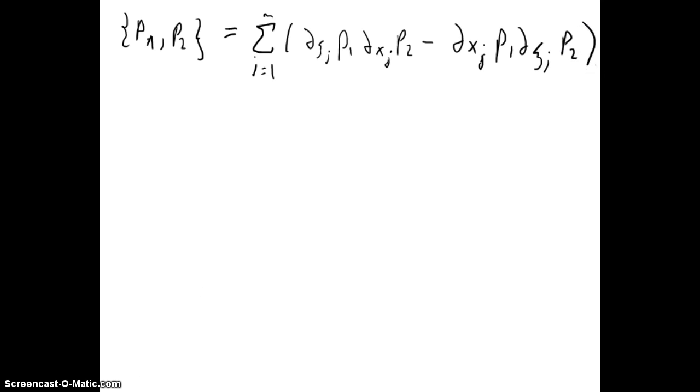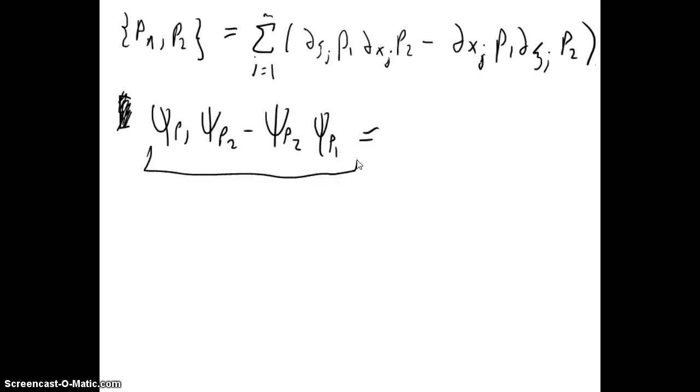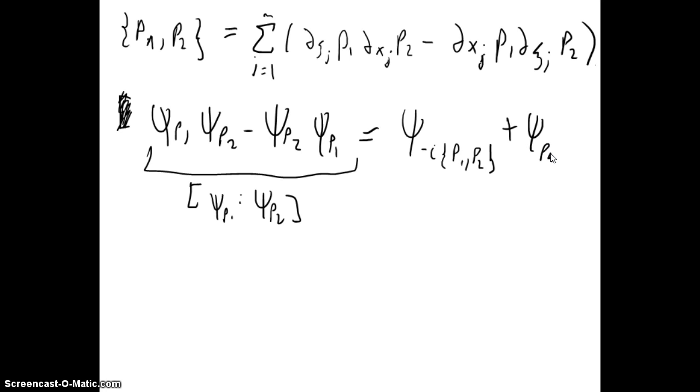Okay, this was important for the second of the conclusions of the theorem, that we can say that there is a relationship between Ψ_{p1}Ψ_{p2} minus Ψ_{p2}Ψ_{p1}, and this is the commutator, okay, of Ψ_{p1} and Ψ_{p2}, and this is a relationship between the commutator and the Ψ of minus i, and here is the Poisson bracket of p1 and p2, plus p4. Okay.